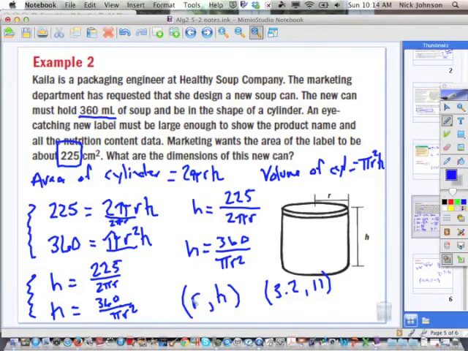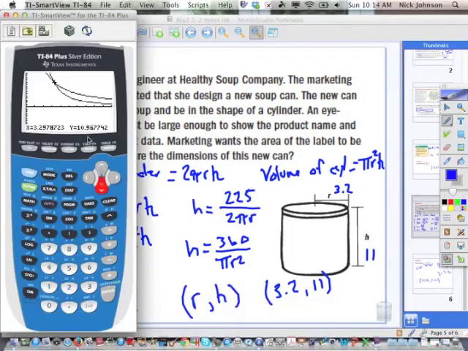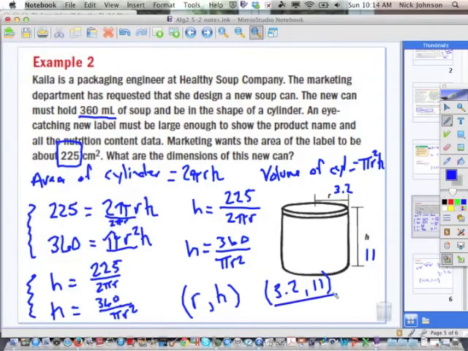And so what that means is my radius of this is going to be 3.2, and my height is going to be, and we could probably round it to 11 point something. 11.2 maybe, or we could just leave it at 11 too. All right.